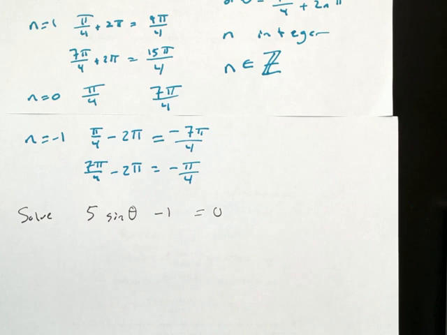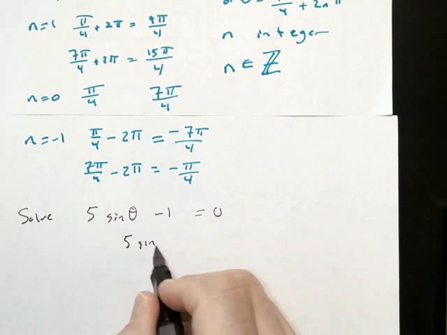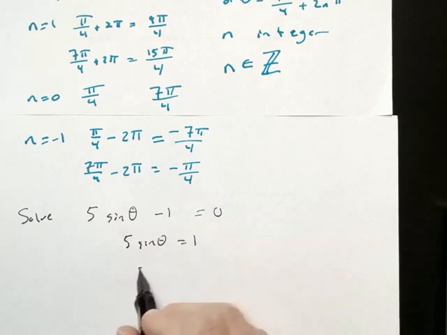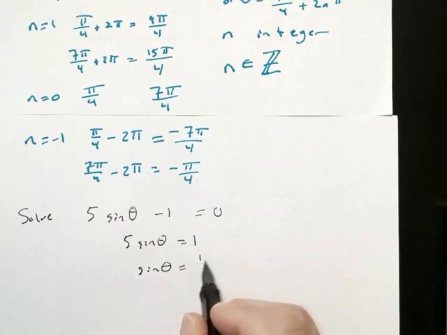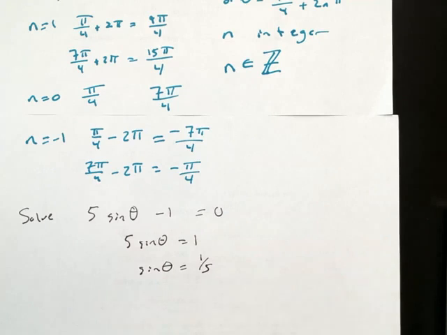Most of the equations we solve, set something equal to 0 and figure out what the x's are. All right. But with 2 steps, this turns into trig function equals a number. Because I just rearrange. And that's exactly the same sort of problem as the very first one we did.